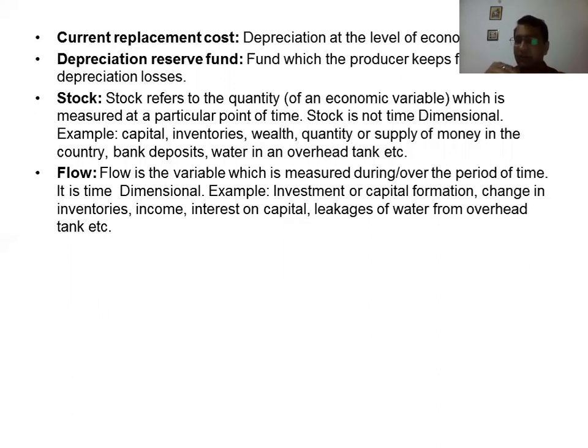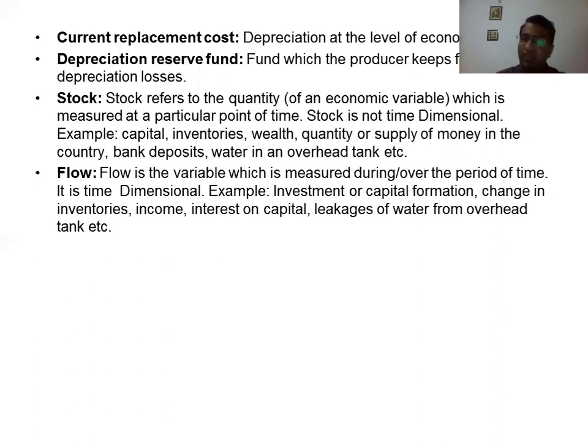For example, water reserved in a tank is a stock, because we can measure it at a particular point of time. We can say that 10 liters of water are reserved in the tank. But the water coming from the tap, or leakage of water from the overhead tank, is a flow. We cannot say that at 5 o'clock this much water leaked from the tank.